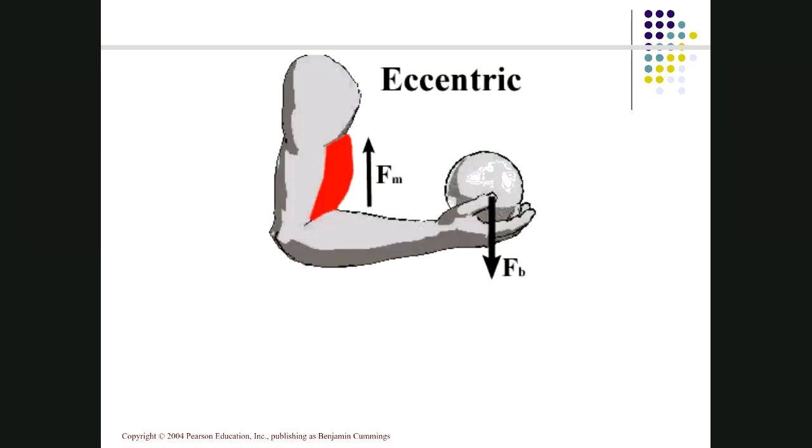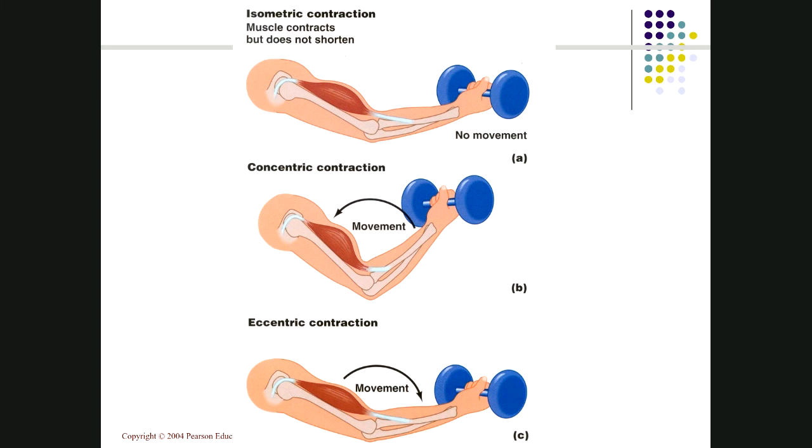So this is another GIF. And you can see what happens is this person lifts this and lowers it, lifts this and lowers it. And so you get concentric and eccentric. Remember, concentric, the muscle is getting shorter. It shortens. Eccentric, the muscle lengthens.